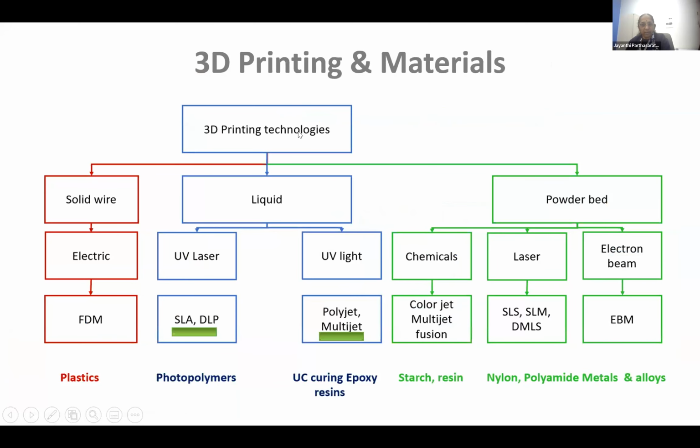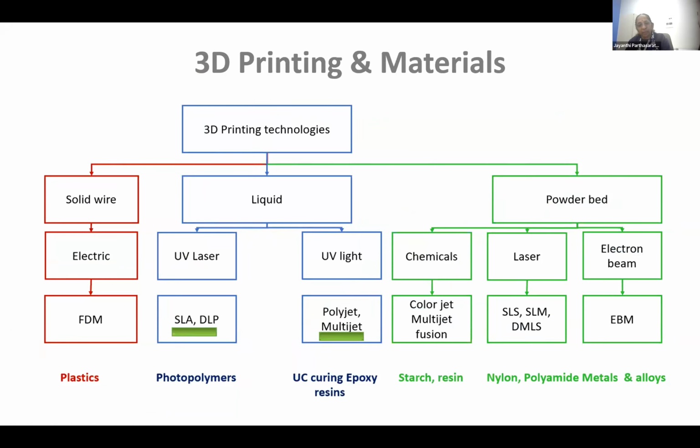Coming to printing and materials, we all know that there are a lot of technologies out there, and though the basic technologies have not changed, you had the powder bed, the liquid, the solid wire. For a long time, the materials have become a wonderful, great lot, and we see more and more applications every day.